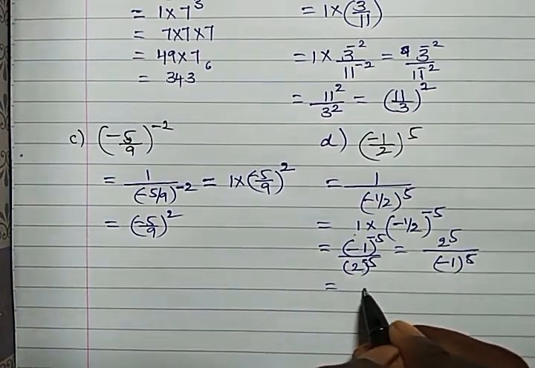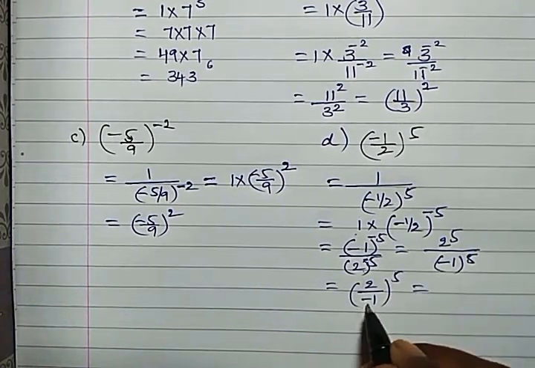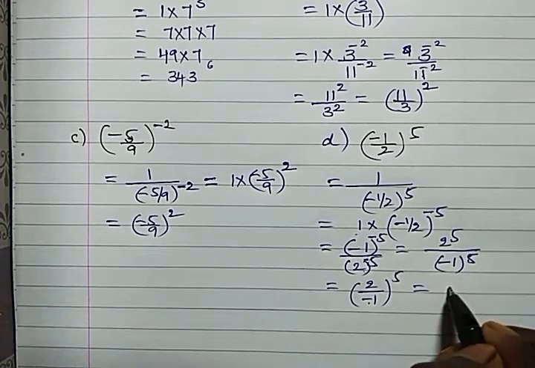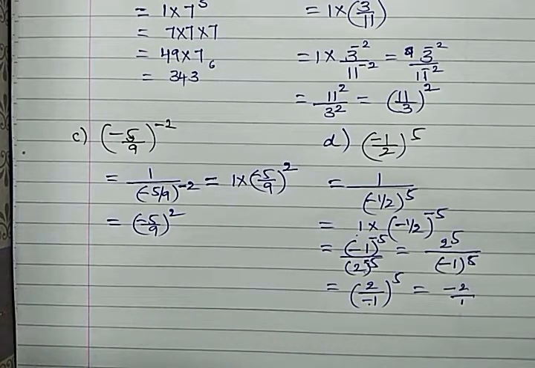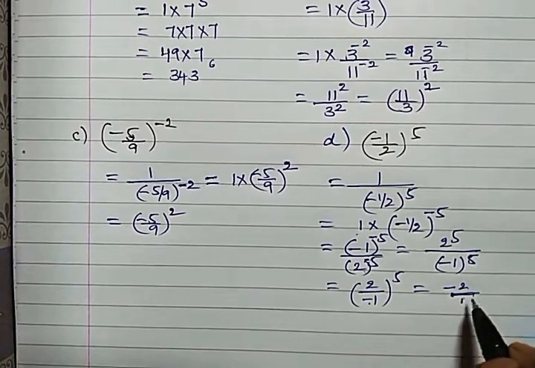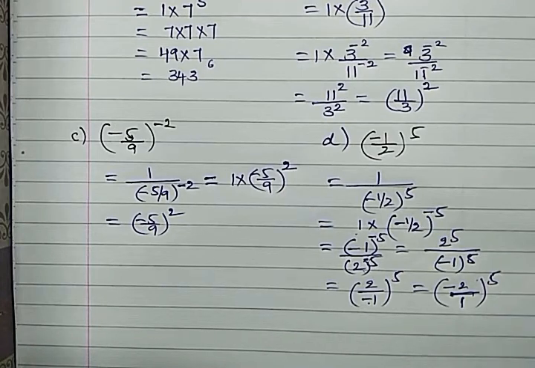We can write it as 2 by minus 1 whole power 5. But the minus sign should not be in the denominator, so we write it as minus 2 by 1. Writing 1 in the denominator changes no value. So we can write it as minus 2 whole power 5. So that's the answer for question number 1.